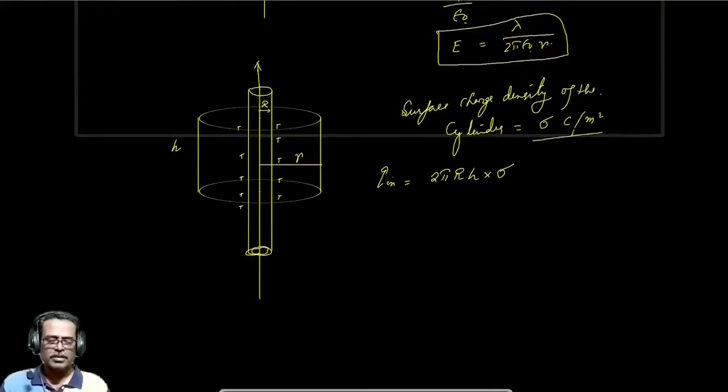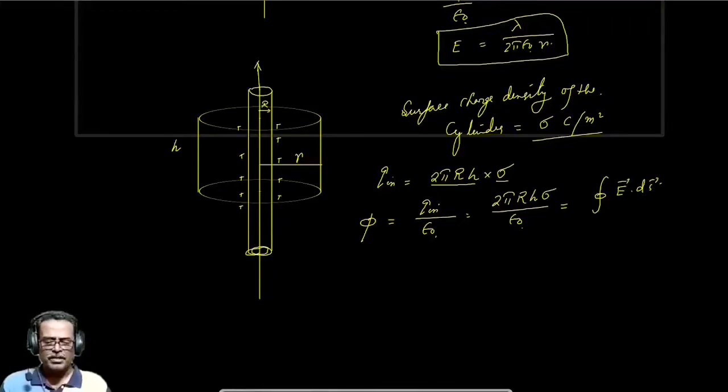Sigma is the surface charge density. So this is the Q enclosed: curved surface area into surface charge density. Therefore, phi is equal to Q in by epsilon 0, which is 2 pi r h sigma divided by epsilon 0, equal to the integral of E dot ds over the enclosed surface.